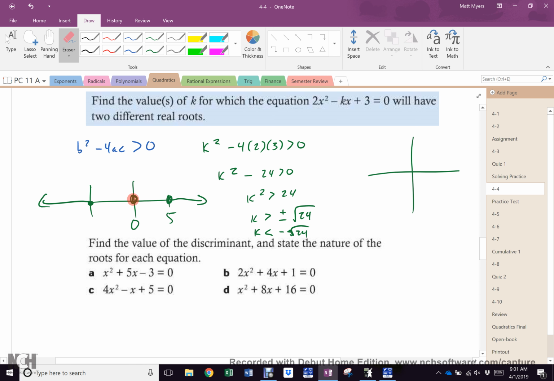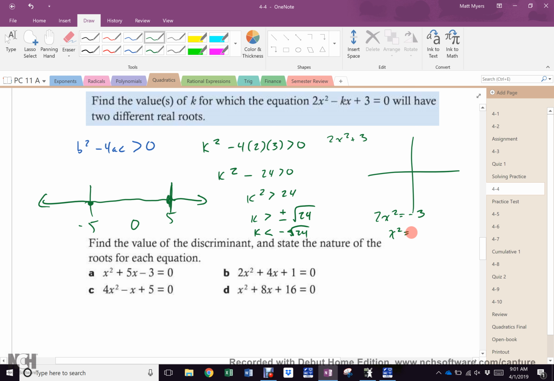Now, how do you check this? What's the easiest number to work with of those three numbers I've written there? I've written negative 5, 0, and 5. What's the easiest one to work with? 0. If I put 0 for k, I get 2x squared plus 3. Yeah? 2x squared equals negative 3.